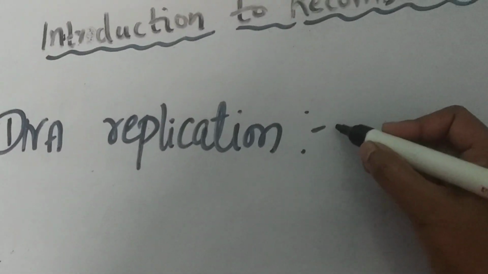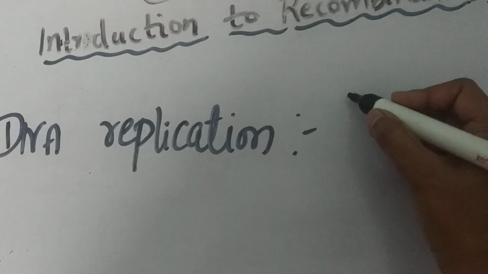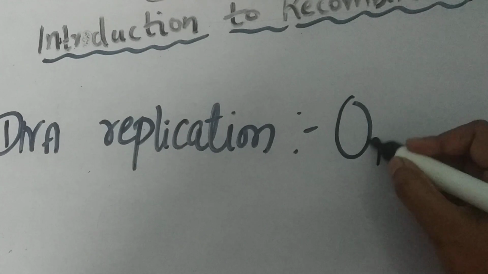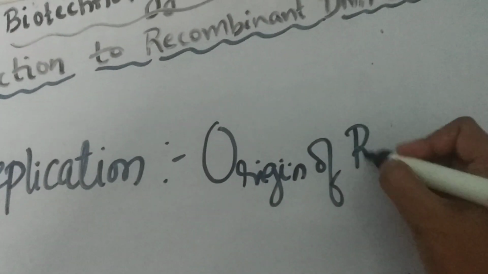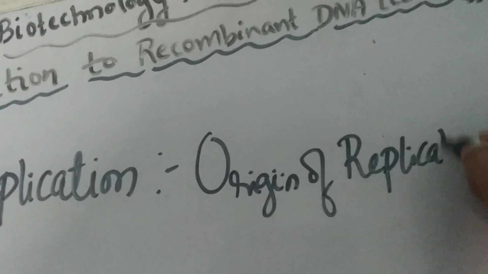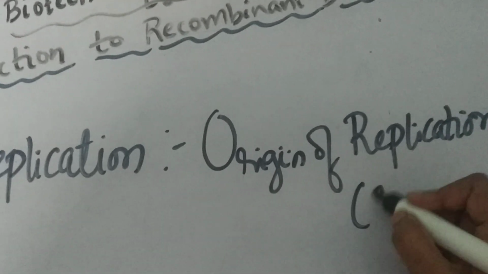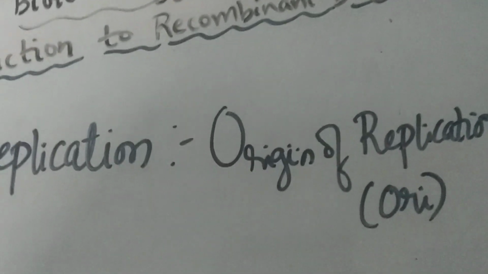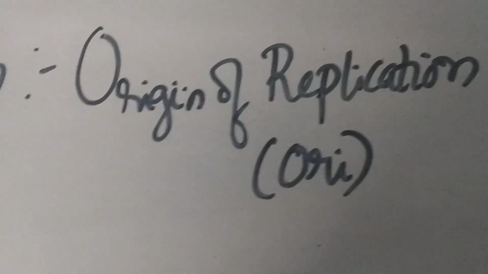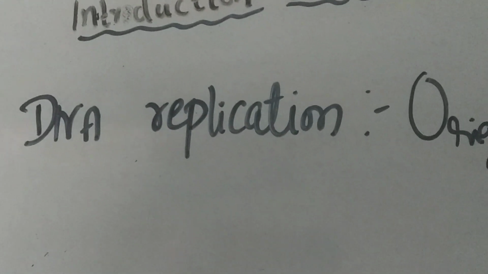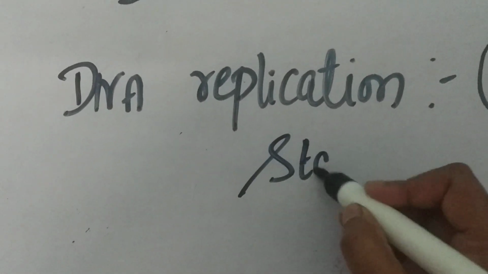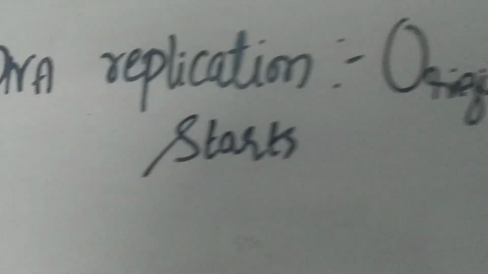The process of replication begins at a particular point, if you remember, which is called the origin of replication, or simply ORI. ORI is the point at which the DNA replication starts.